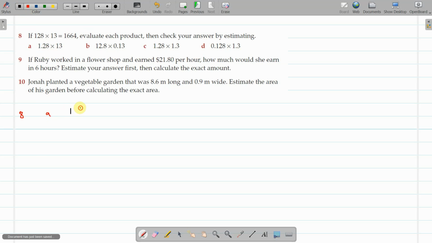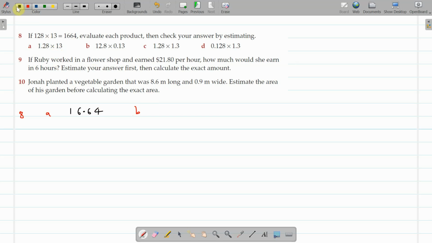Just a question of where you put the decimal point. This one has 2 decimal places and this one doesn't have any, so the answer has 2 decimal places. And if we look at this, 1 and a little bit more times 13, the answer will be a bit more than 13, which works out.